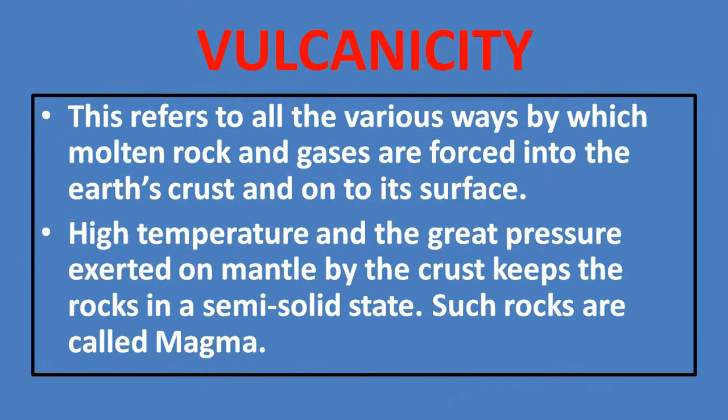If the magma contains a lot of gases, especially steam, then as the magma approaches the surface, the pressure on the gas is reduced. This causes the gases to expand rapidly, which gives rise to violent eruption.